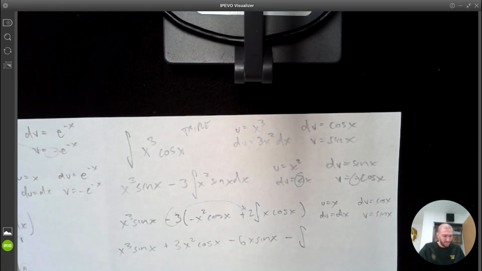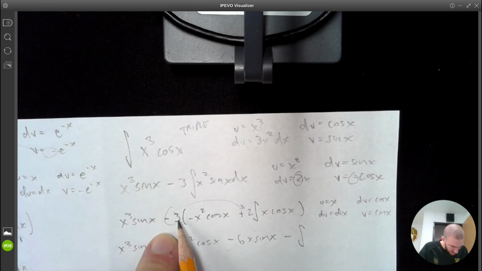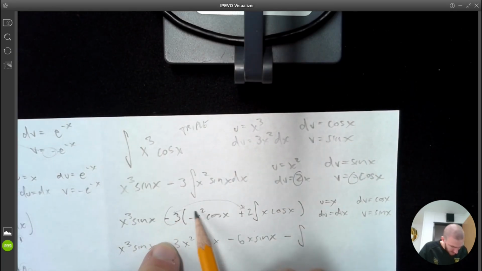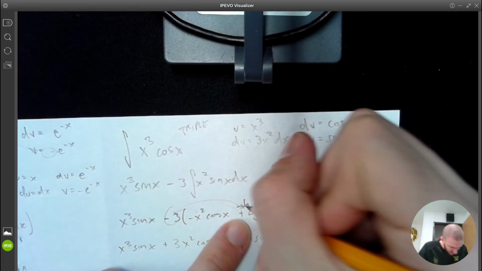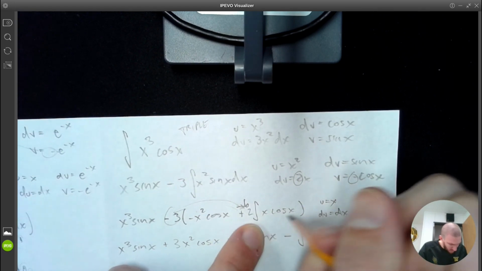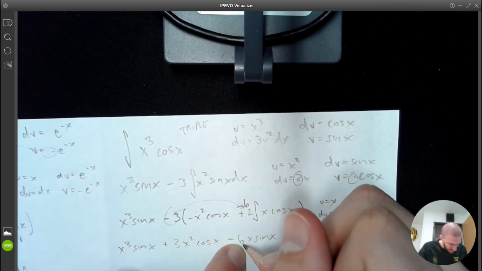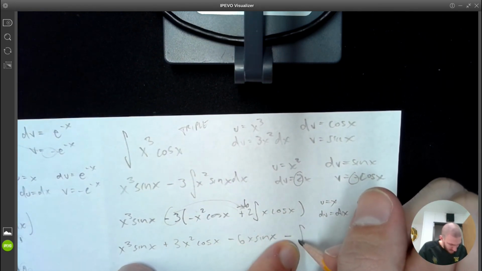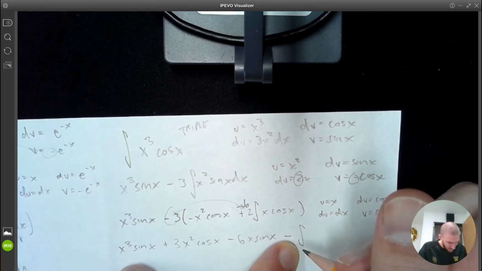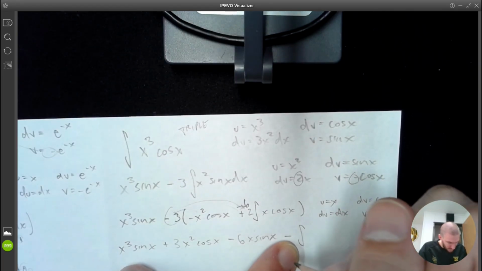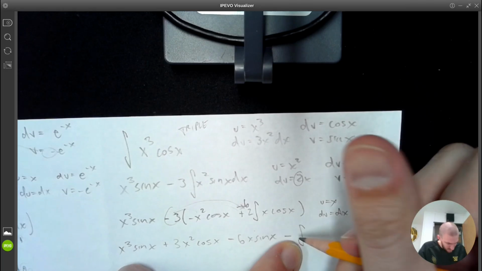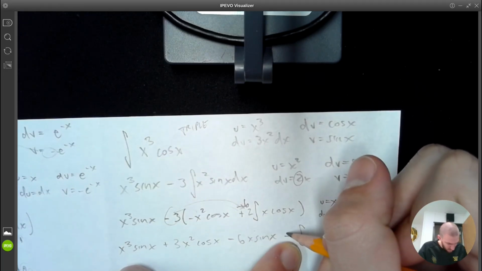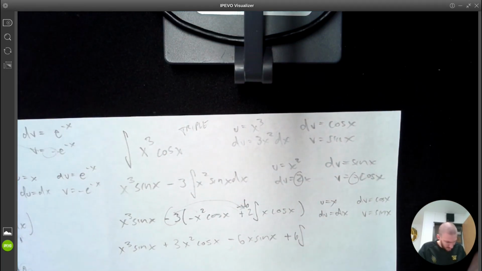I think I just made this a little bit hairy. This should be negative 6 on all of this stuff. So this part needs the negative 6. This part also needs the negative 6. So I'll put positive 6 here.